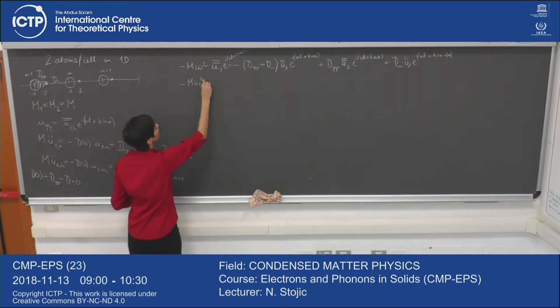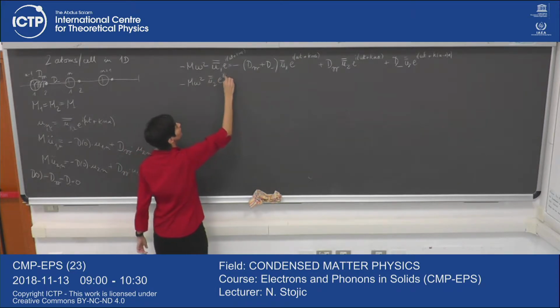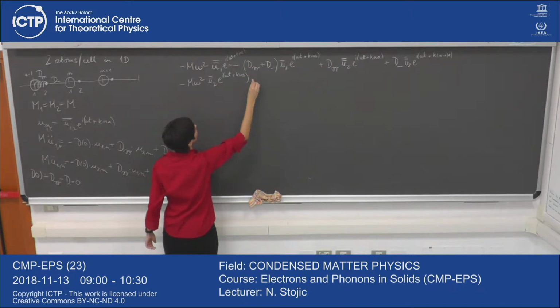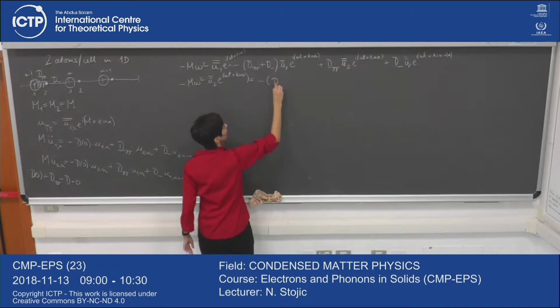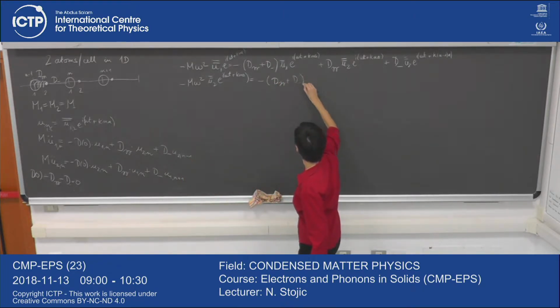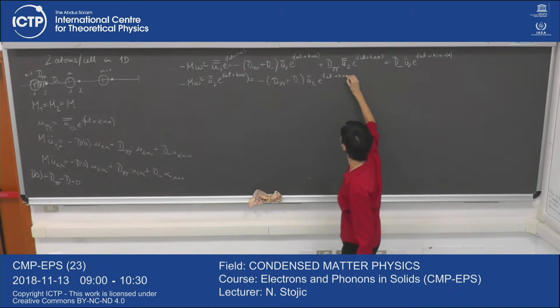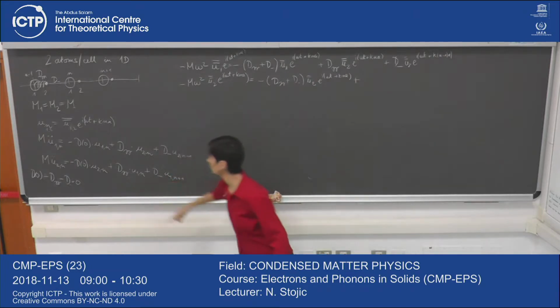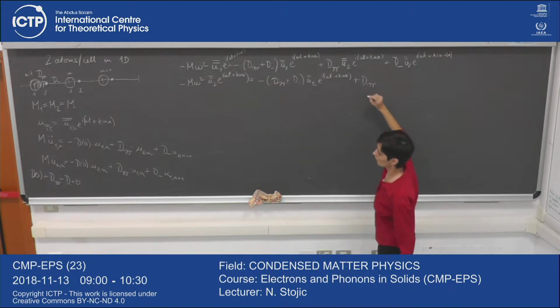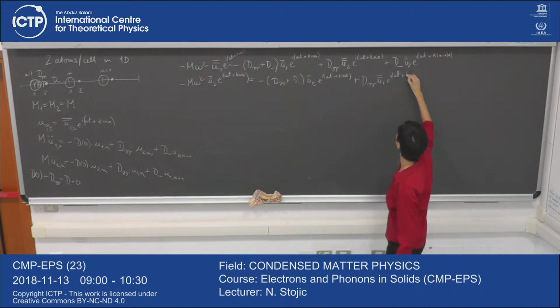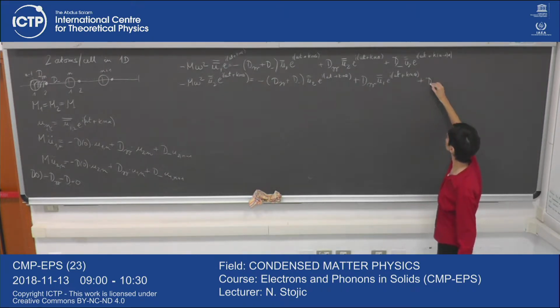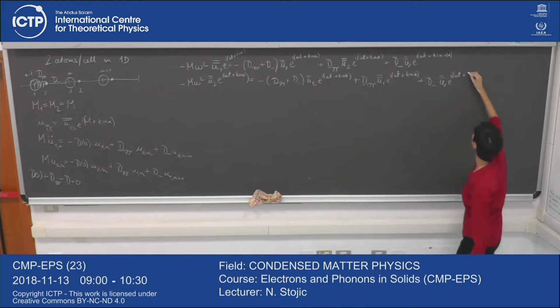And the other equation is very similar. For 2, again D0, strong force constant plus weak, U2 in the same cell, plus D strong, U1 in the same cell, plus D weak U1 of the cell in front.